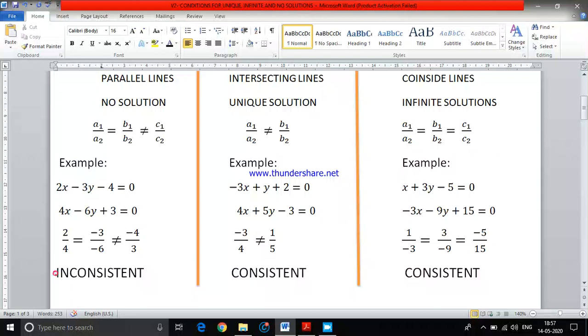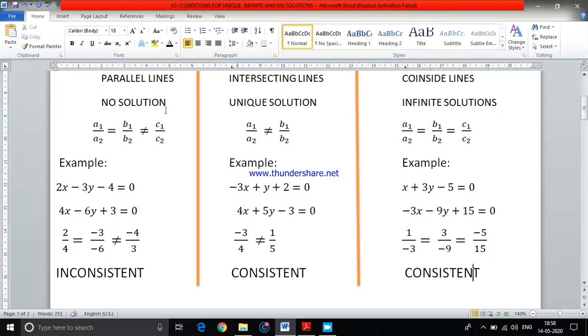Now here I have written inconsistent, then consistent, and again consistent. If I have a pair of linear equations in two variables and the solution exists, in the sense it may be a unique solution or it may be infinite solutions, in both cases I can say the system of equations is consistent.